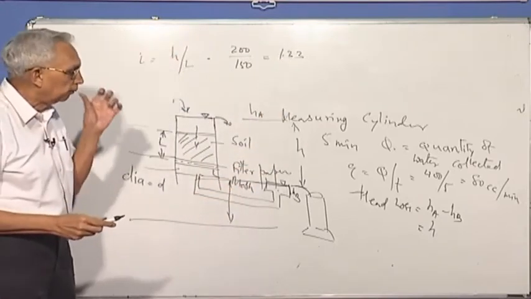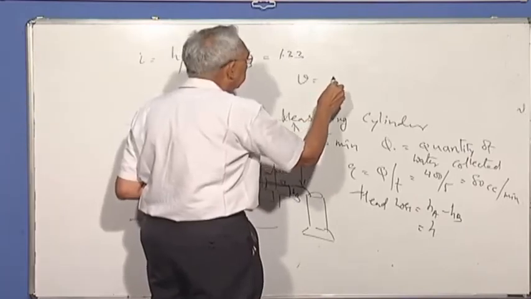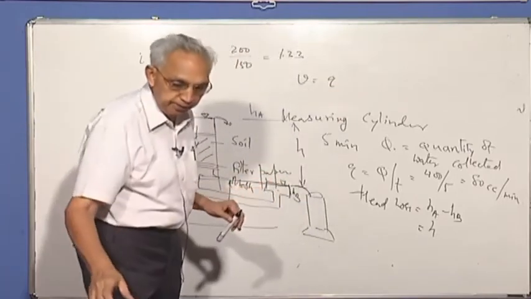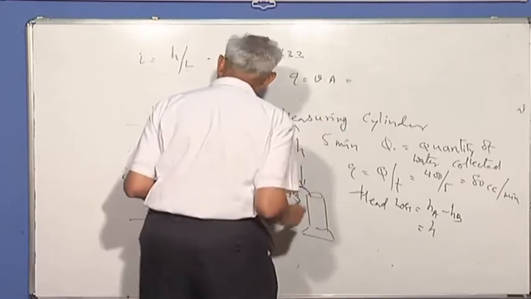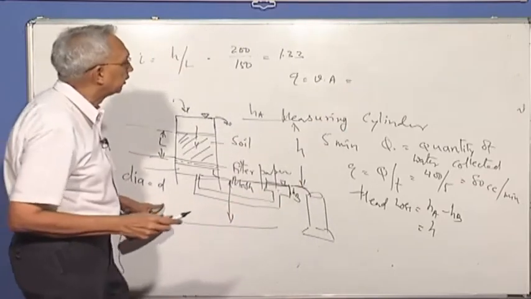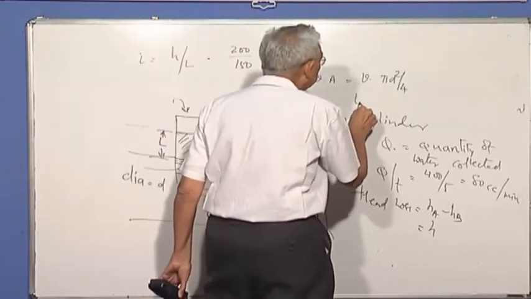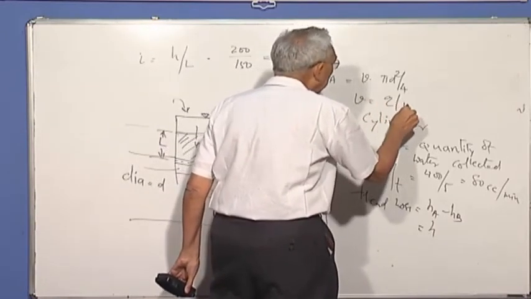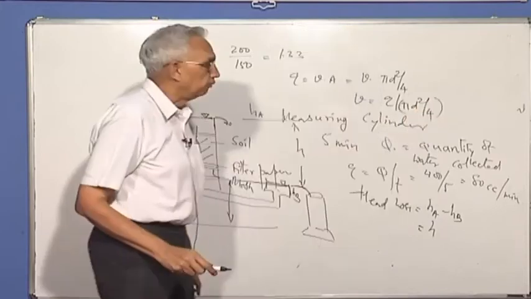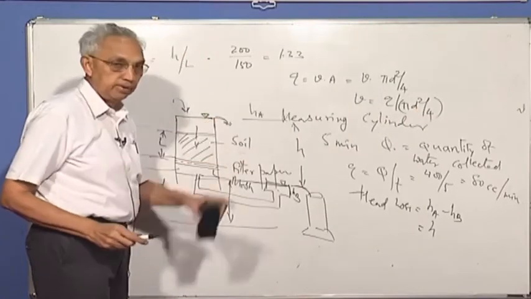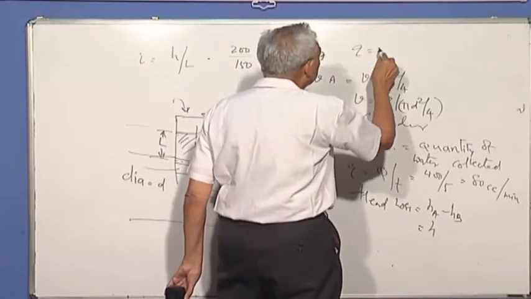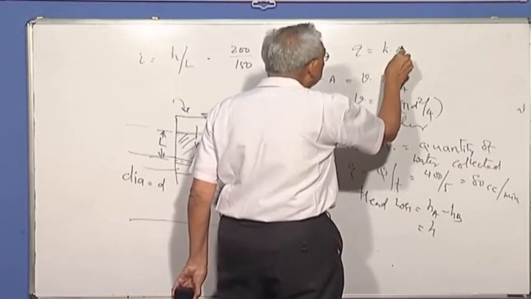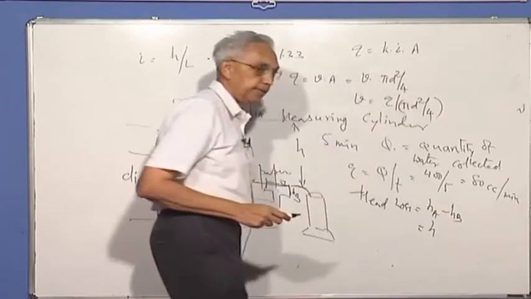Okay. Now V is equal to Q by A, or Q is equal to V into A, rate of flow over the cross section. What is the cross sectional area? It is pi d squared by 4. So velocity is equal to Q by pi d squared by 4. We know the gradient, we know the velocity. So, or you can say Q, which you found out, is equal to K into I into cross sectional area.